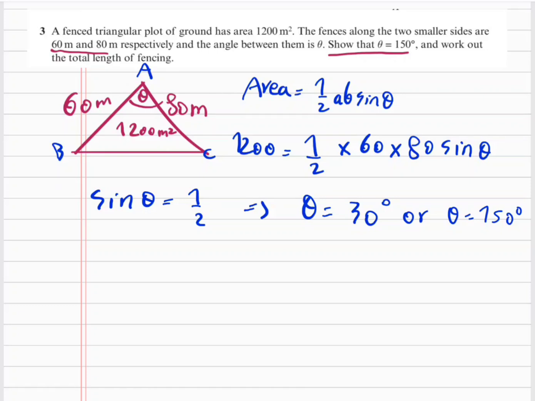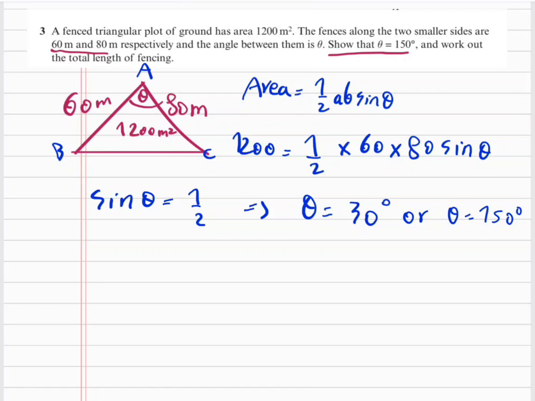Because just think about this. If theta is 30 degrees, then that's not definitely the largest angle, and as a result of that you're not going to get the largest side, right?